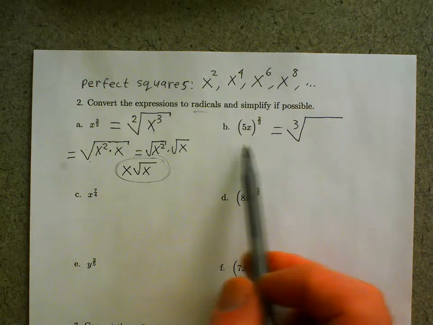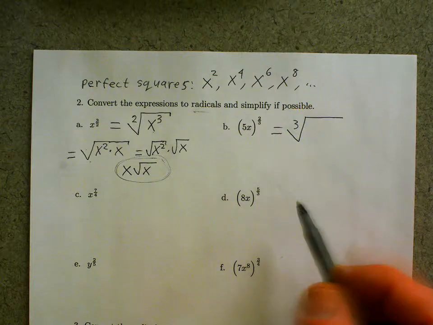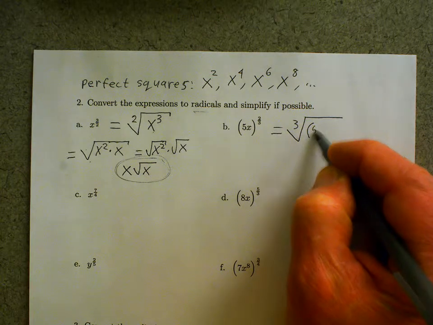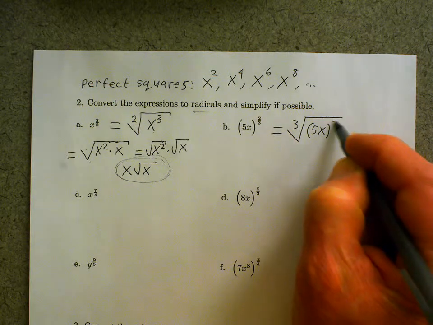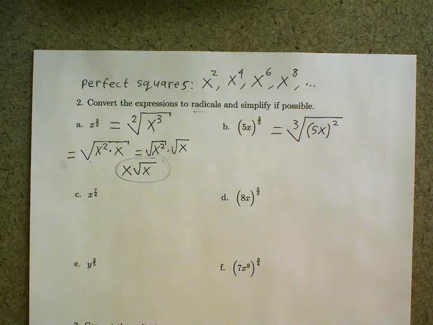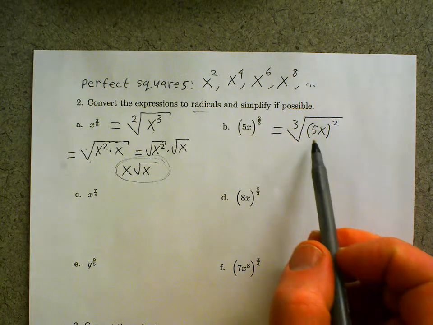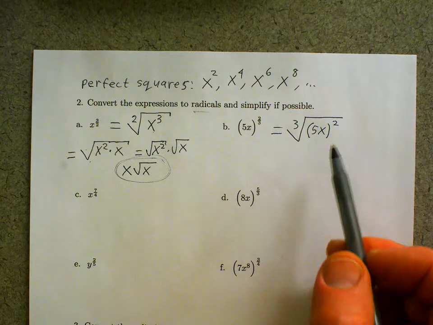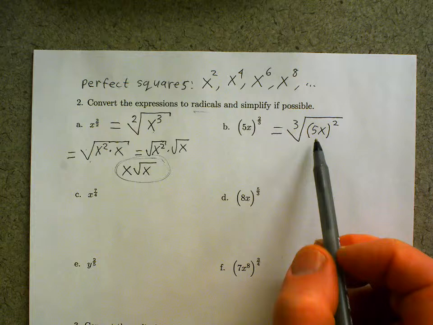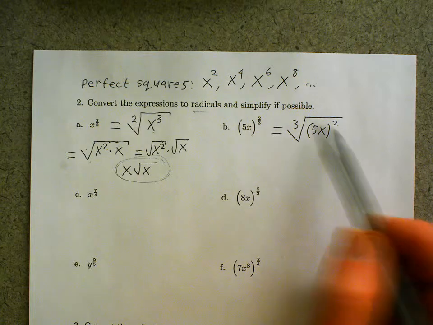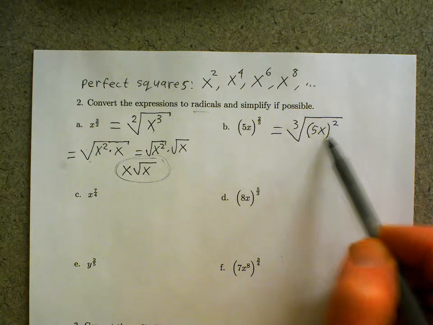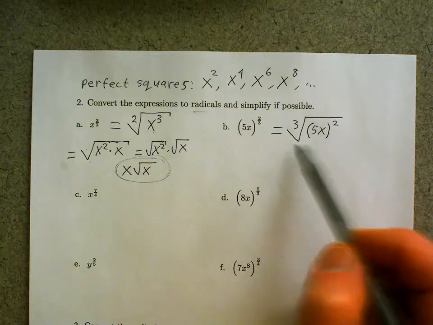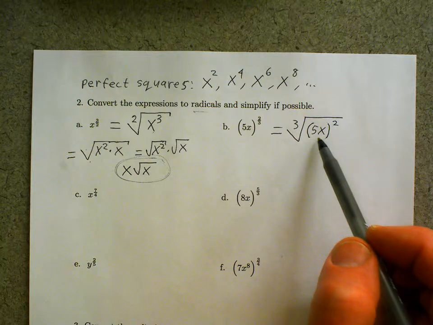So I'll do this in a couple of steps. We can start by writing 5x in parentheses to the 2nd. If you write 5x to the 2nd without parentheses, then that's not correct. So this is a satisfactory answer, but we can take it further.